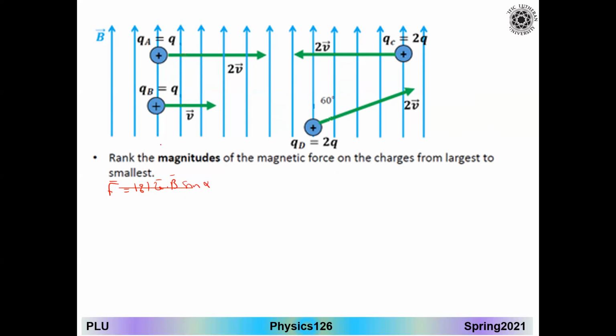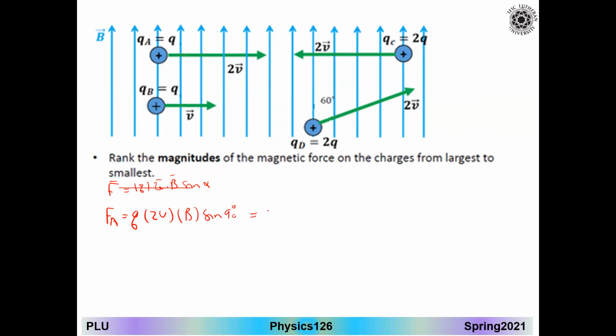So let's find force A. Force A has a Q, times velocity 2V, times magnetic field B, times sine 90 degrees.